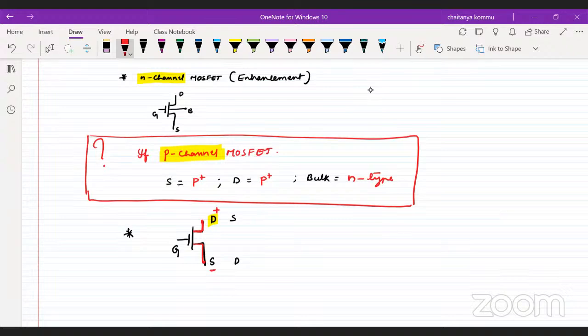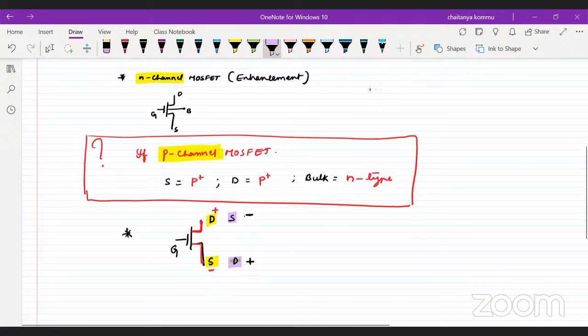When compared to the upper terminal, the smaller one is called the source. If the bottom terminal is more positive than the upper terminal, then the bottom one is the drain and the upper one is the source. We discussed this point previously. Fine, so far so good.